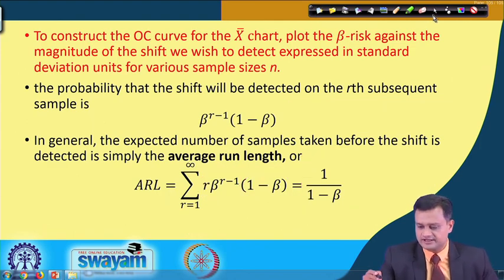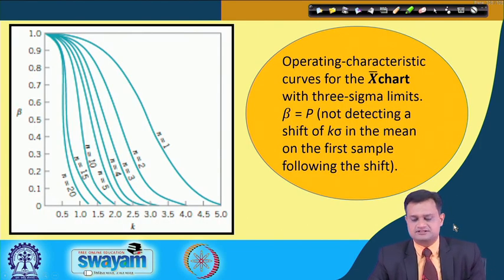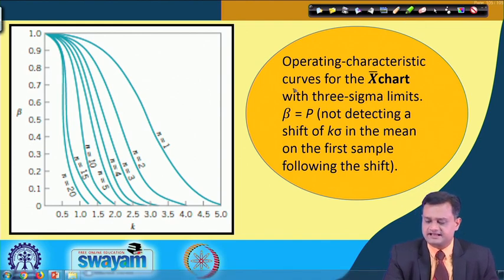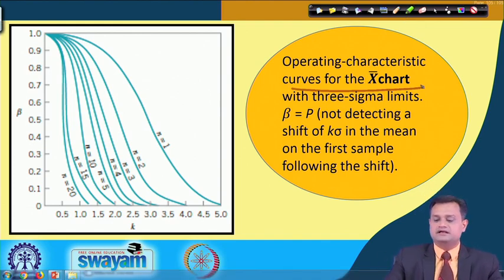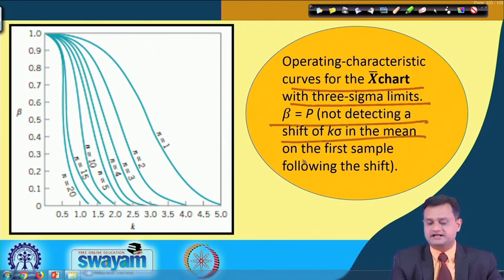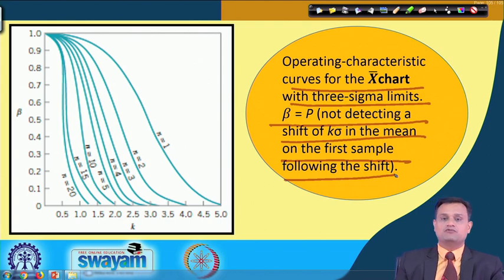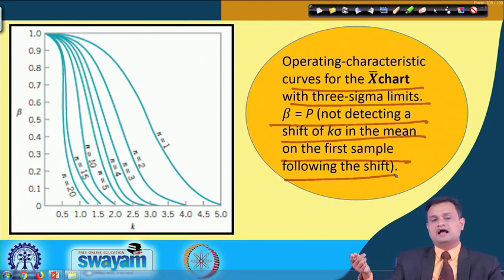So let us try to see the graphs that will help us. Now this is the operating characteristic curve for X bar chart with 3 sigma limit, and beta is equal to probability of not detecting a shift on the first sample following the shift, means shift has occurred. After shift has occurred, I took the sample and I am not able to detect this on the first sample after shift has occurred. This is typically my beta probability of non-detection, type 2 error.